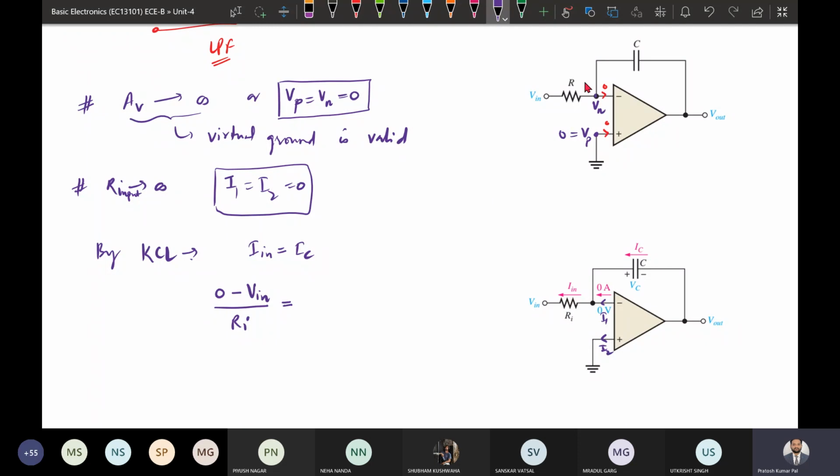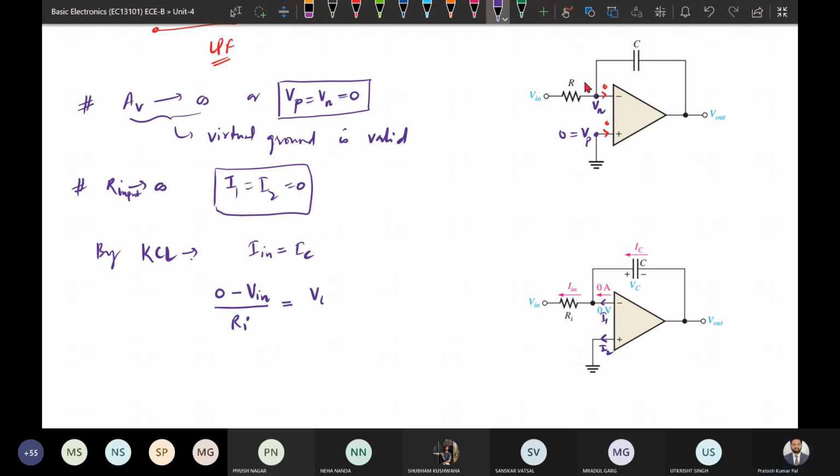This is different. So it is 0 minus V in divided by R in, that will be I in, and IC. So in case of IC, this is moving from here.